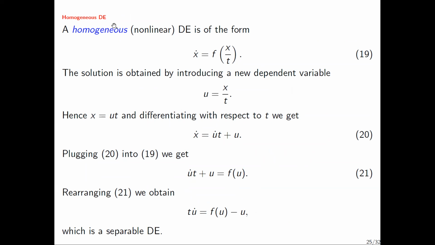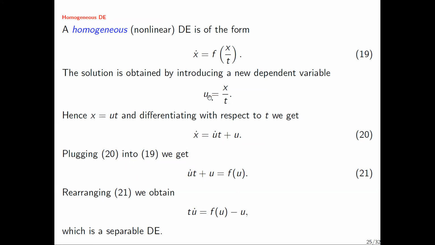So whenever we have a differential equation where the first derivative is a function not of t and x, but a function of the quotient between the dependent and the independent variable, we can rewrite the right-hand side in this form and introduce a new variable u, which is x over t, so the dependent variable over the independent one.